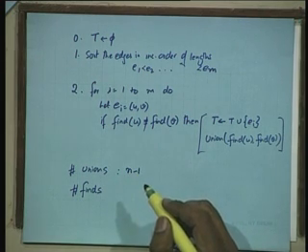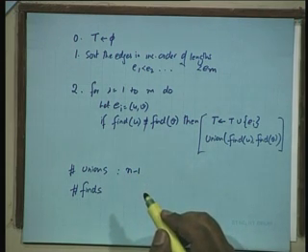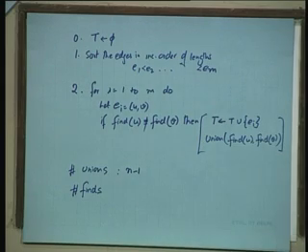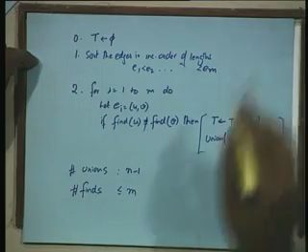So, I will have exactly n minus 1 unions. How many finds will I have? Right, for every edge I consider I have to do 2 finds. In the worst case, how many edges will I consider? All the m edges, no more, right. So, number of finds is less than or equal to m.